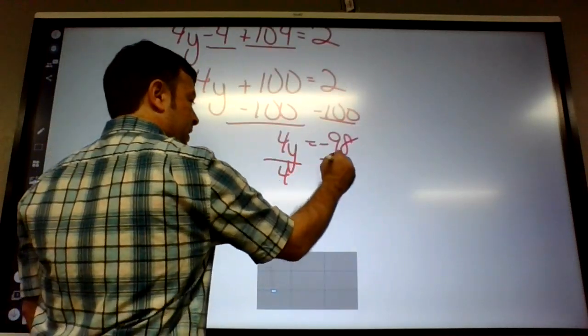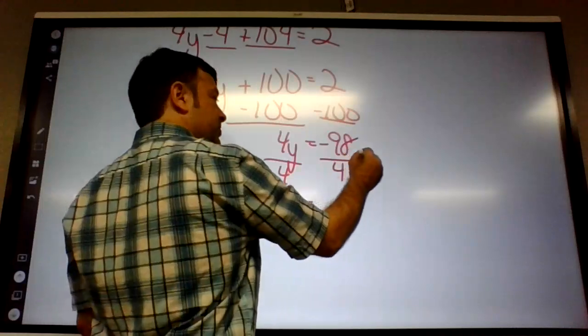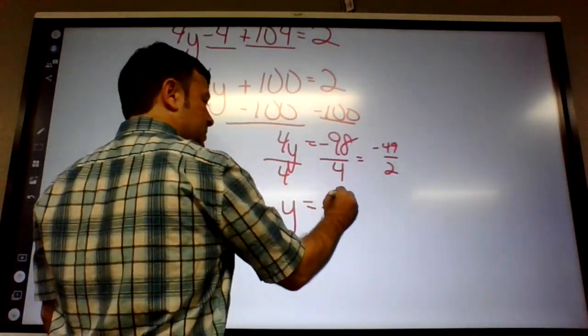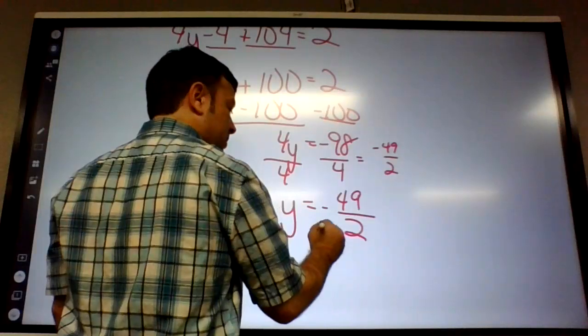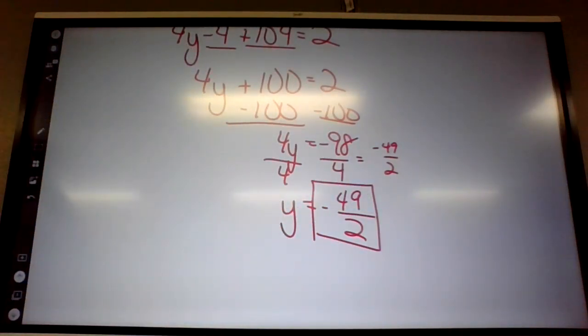Okay, negative 98 doesn't divide by 4 well, but it does reduce. If you divide both of these by 2, you get negative 49 over 2. It's like negative 24 and a half.